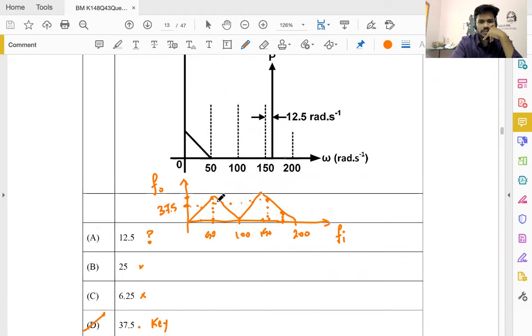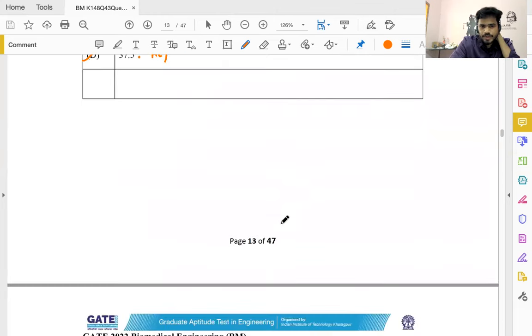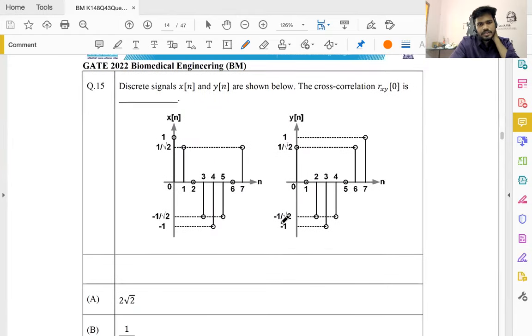So the actual mapping between this input signal frequency and the downsampled signal frequency is this sawtooth. You could also do this mathematically, but I always find this version convenient. So okay, I suppose that's a key.